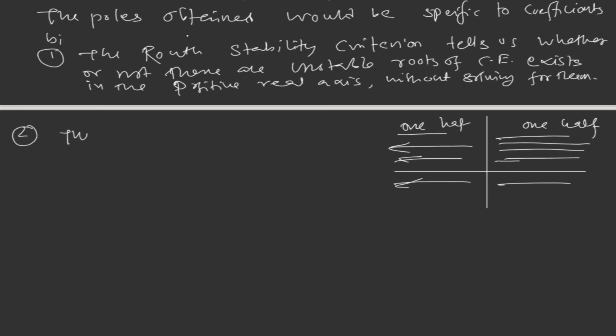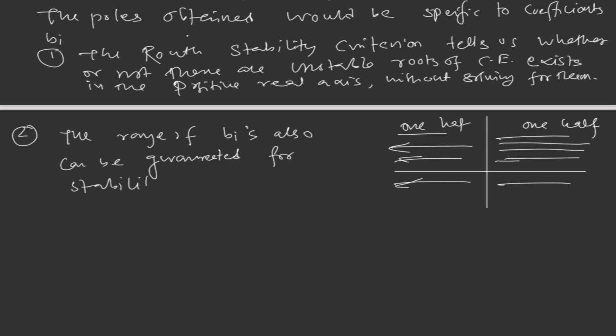The range of B also can be guaranteed for stability. What does it mean?